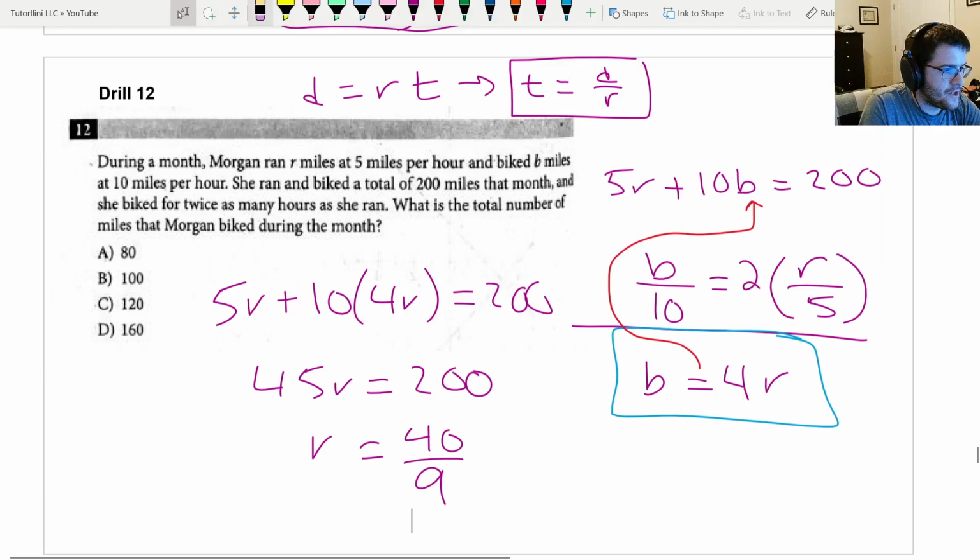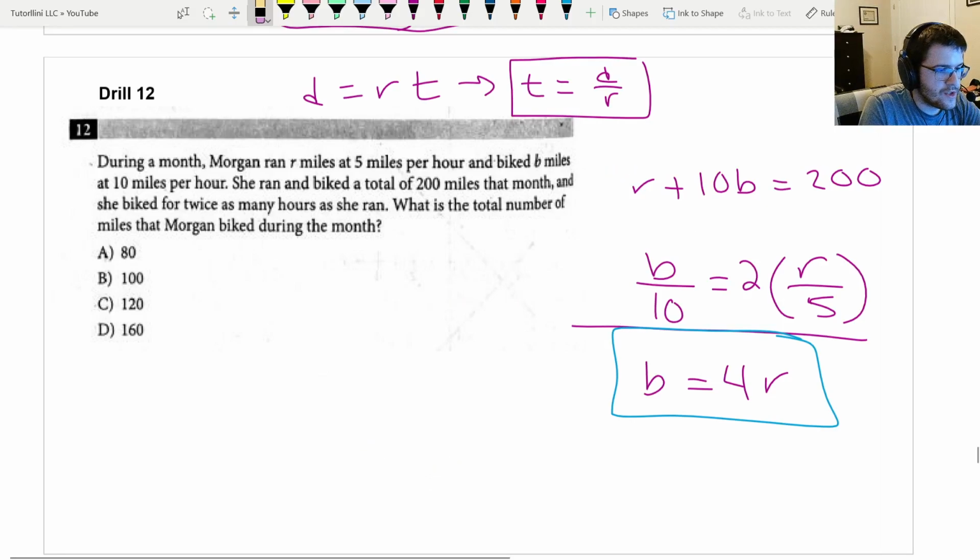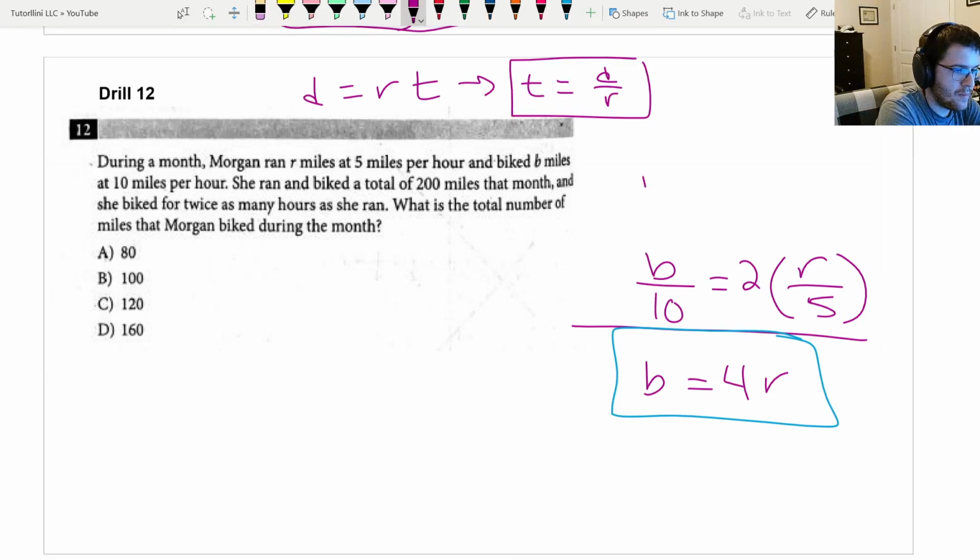So here, I thought I was doing RT for distance. This equation is really, the distance is R plus B. You don't need to multiply by anything. That's already the distance. Equals 200 miles.